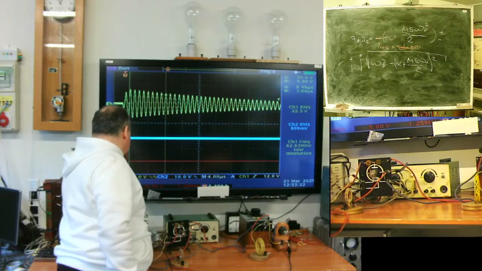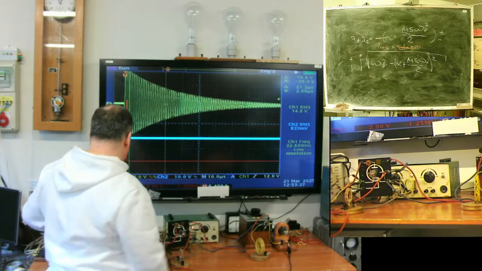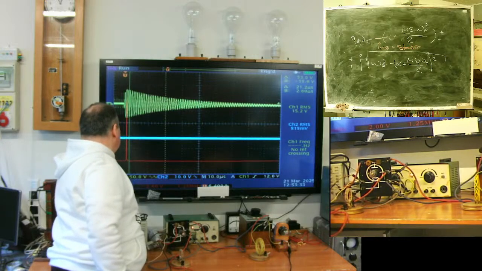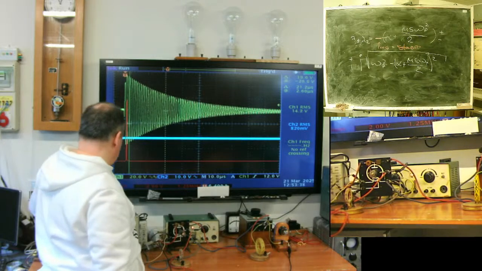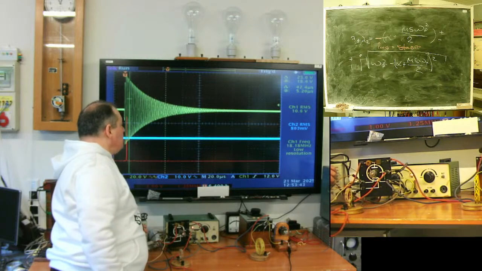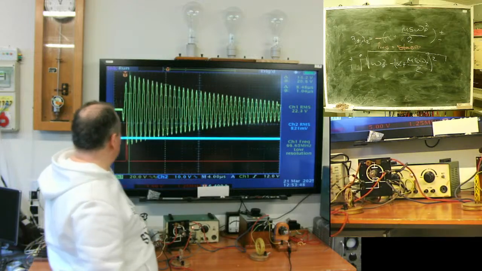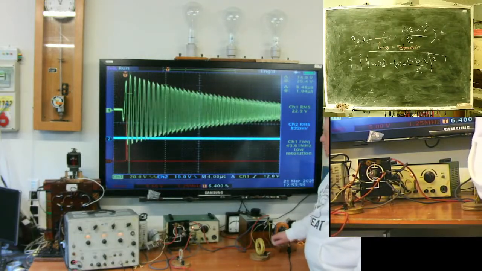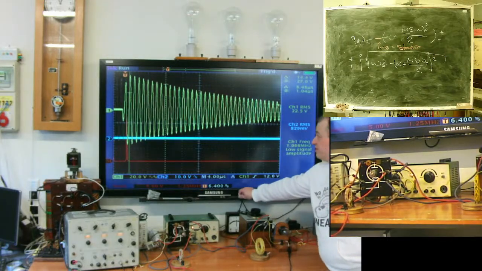Maybe I change it. You see, we have decaying oscillations with frequency omega 0. Inductivity increases, frequency decreases. Very nice.